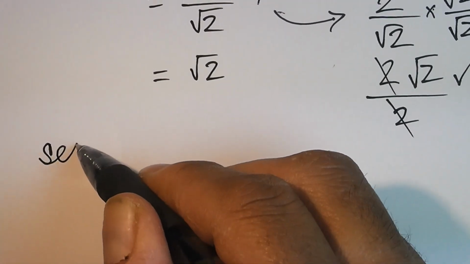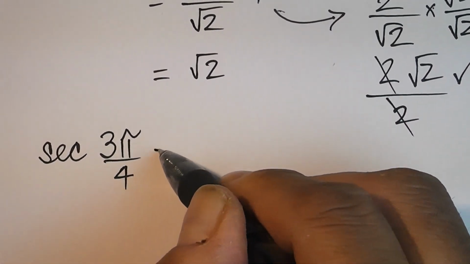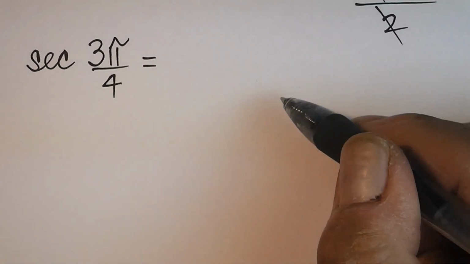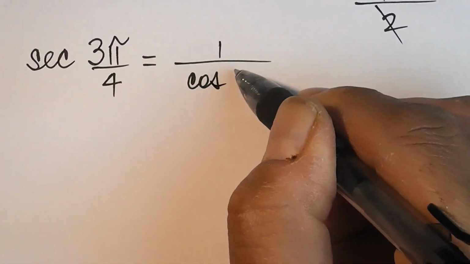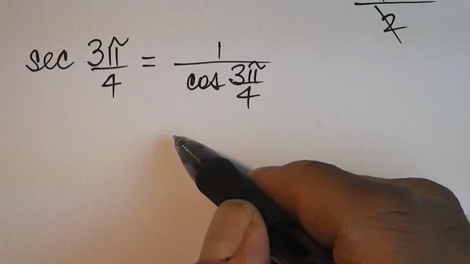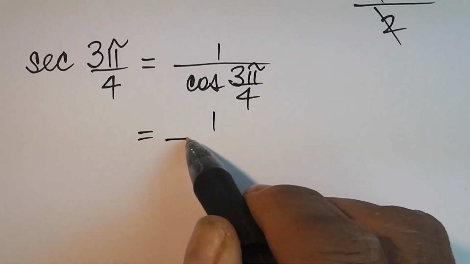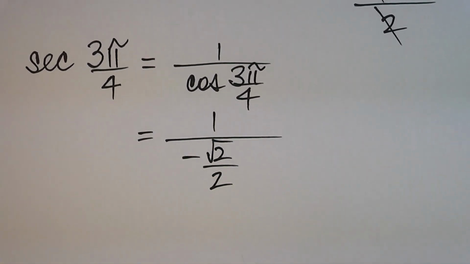We've got secant of 3 pi over 4. So secant is 1 over cos. From your unit circle, the cos of 3 pi over 4 is negative radical 2 over 2.